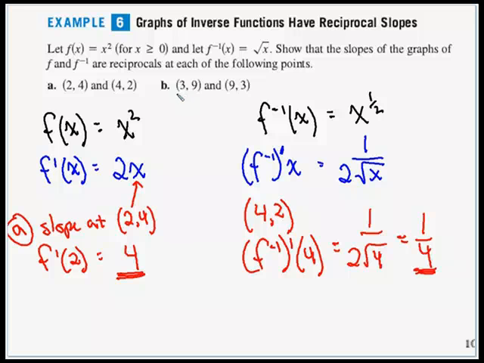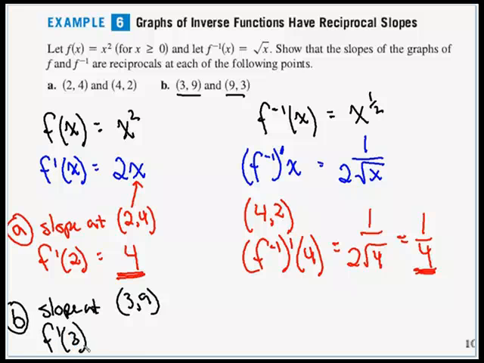And let's check out B, (3, 9) and (9, 3). So for part B, the slope at the point, this would be (3, 9). So f prime of 3 is just 2 times 3. And 2 times 3, of course, is 6. So we know that when we plug in the reflected point into the inverse's derivative, we're going to flip this over.